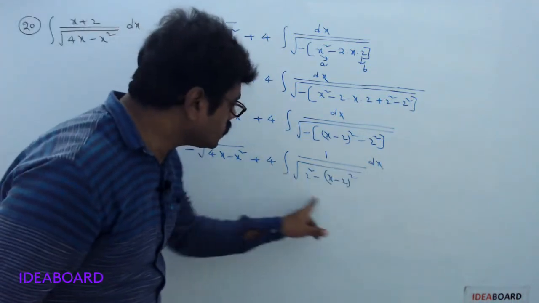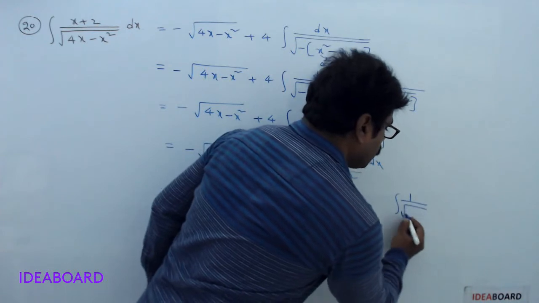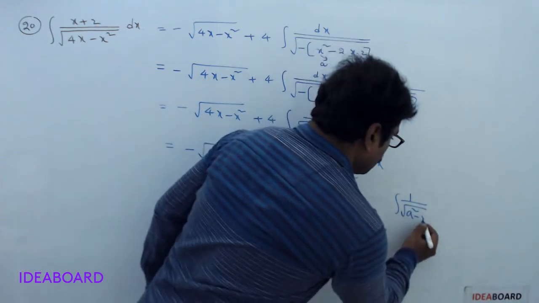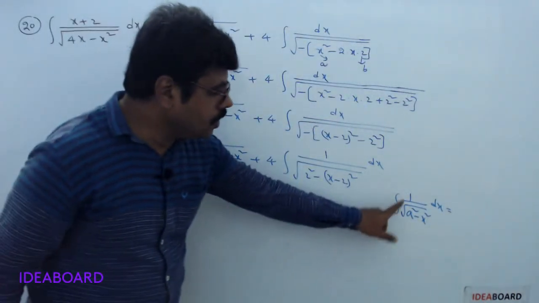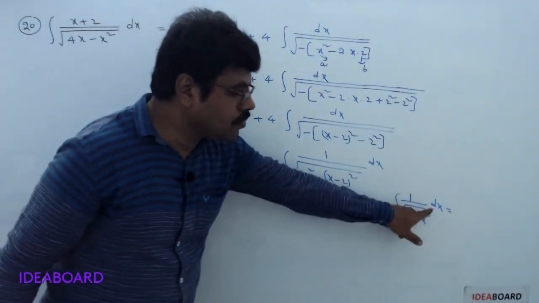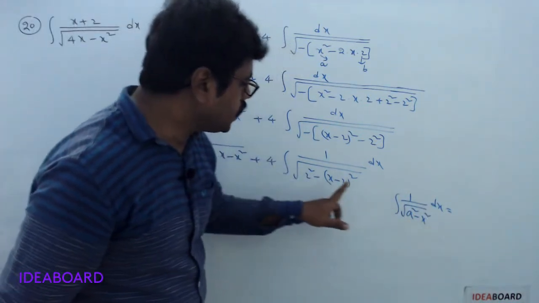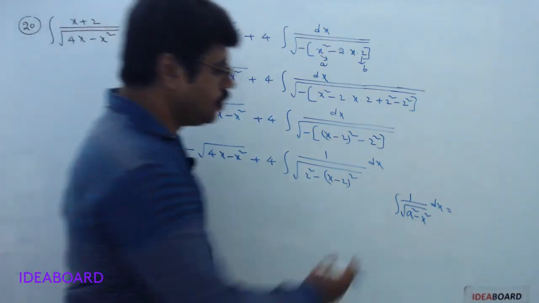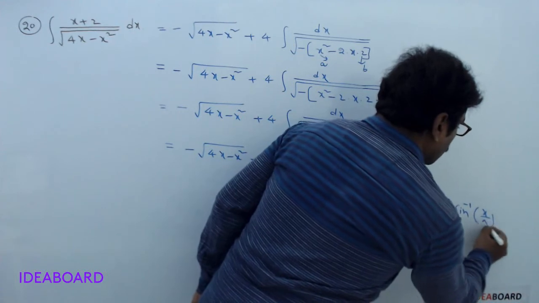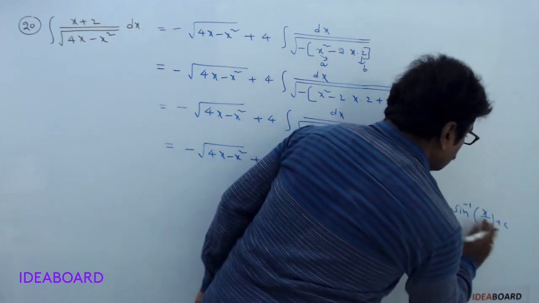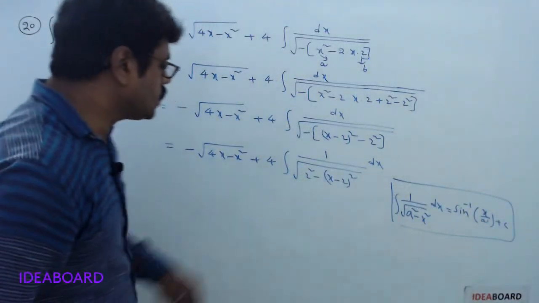Now clearly this entire term is of the form like integral 1 divided by square root of a square minus x square dx. Here a value is 2 and in place of x, x minus 2 will be there. What is its formula? Sin inverse of x by a plus some constant c. So use this formula on this term.